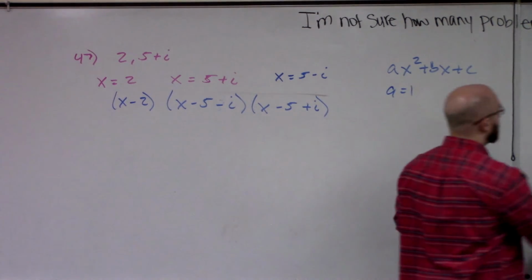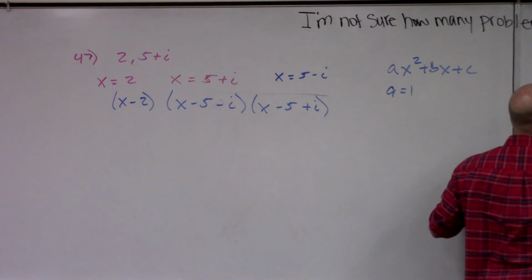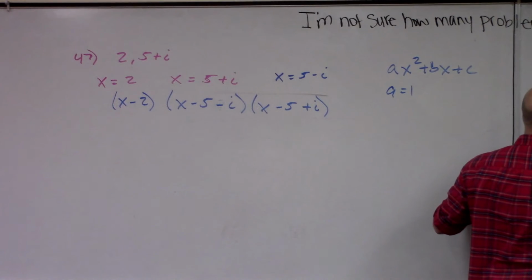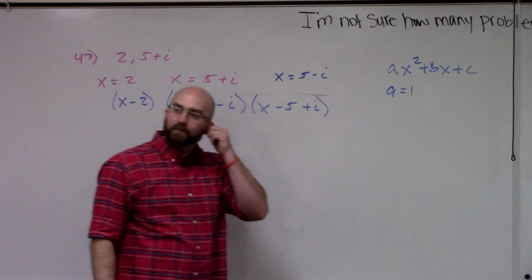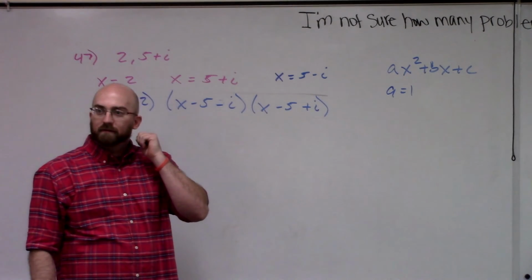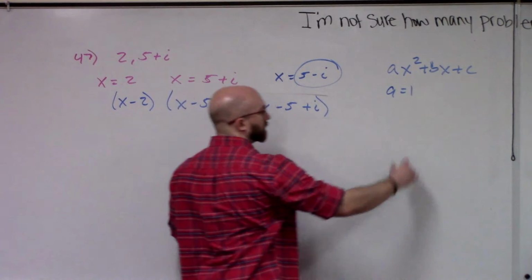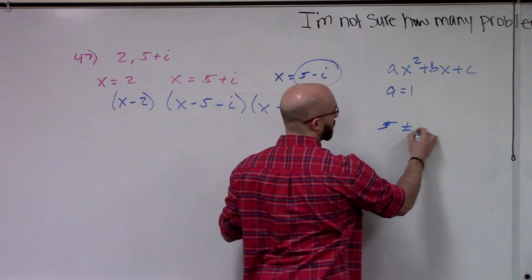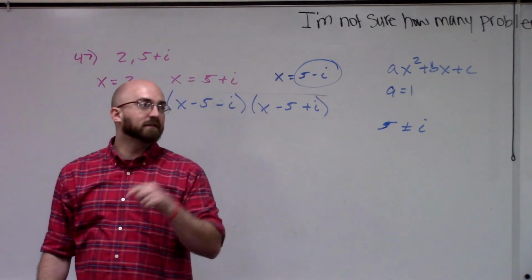So I'm going back over here. Everyone good with that? This is the part I'm looking at right here. It's 5 plus or minus I. How do you get one?